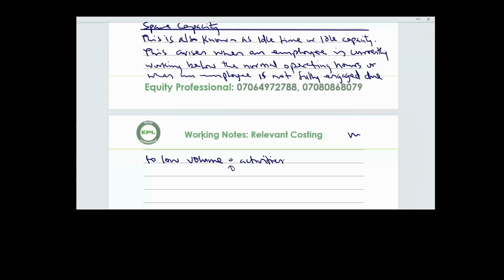All right. Let me put it down for you. When there is spare capacity or idle capacity, the relevant cost of labor is equal to 0.